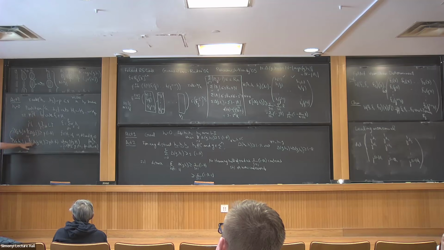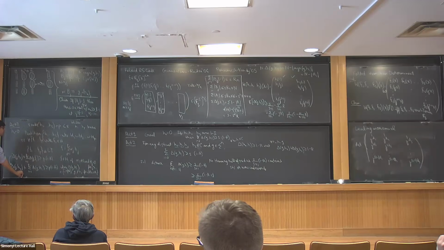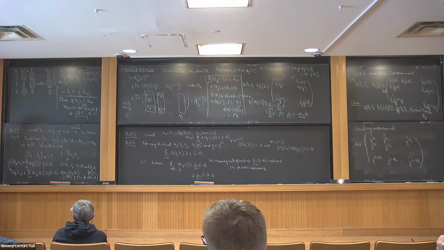So I'm showing a smaller quantity is also large. Okay. Is the goal clear? I won't go into all the formal details, but the idea is quite simple.